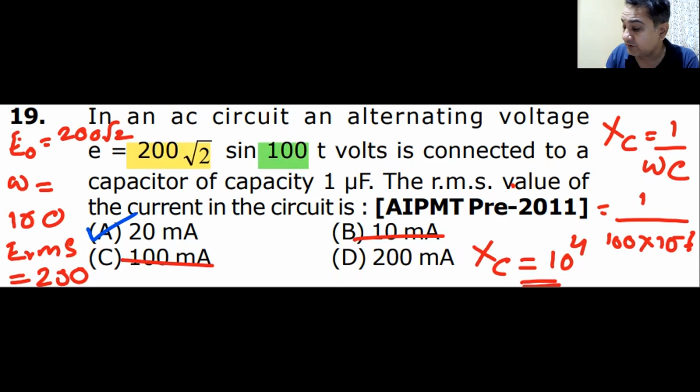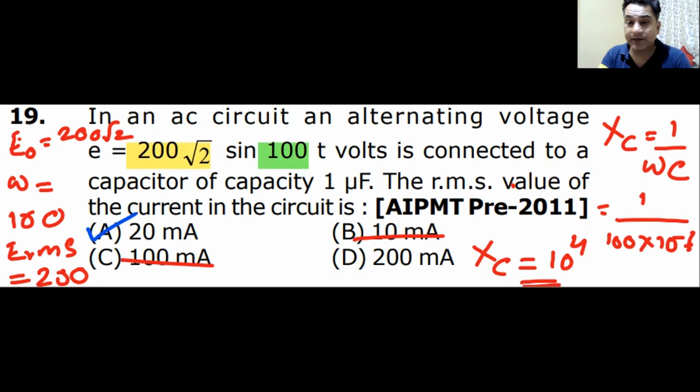How did I do this question? E naught is 200 root 2, and from there I found the value of ERMS, 200. Omega is given as 100. From there, I find the value of XC. XC is 1 by omega C. I multiply and find the value of XC as 10 raised to the power 4.